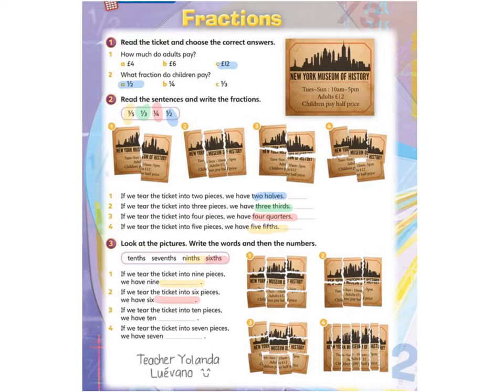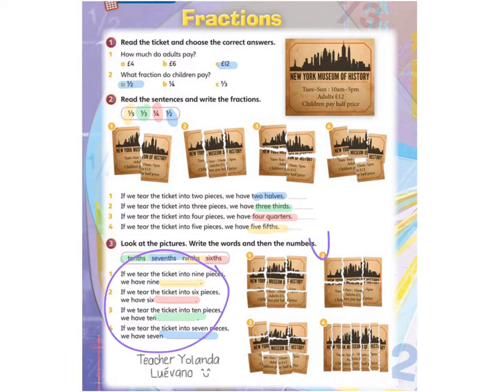Next, if we tear the ticket into 10 pieces, we have 10/10. Next, if we tear the ticket into 7 pieces, we have 7/7.